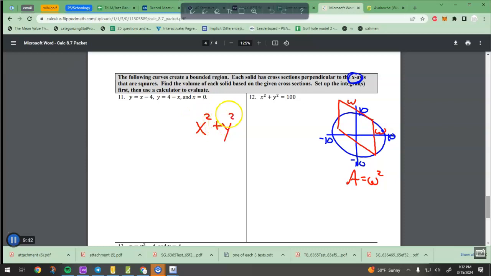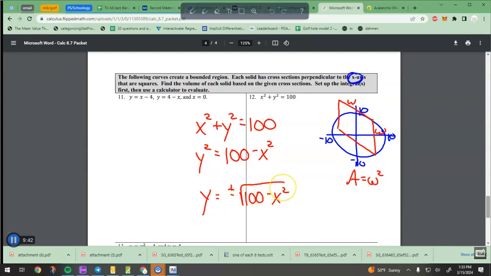So I would subtract x squared from both sides, and then square root it, and this is where you'll get two equations. Because if I'm solving something with a square, there's two answers. There's the positive and the negative version.